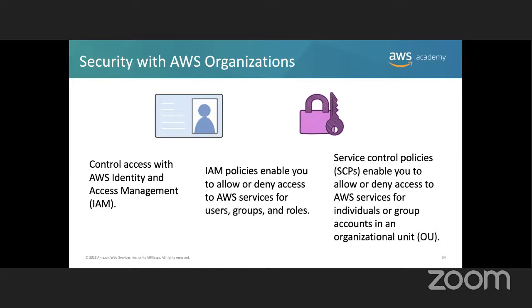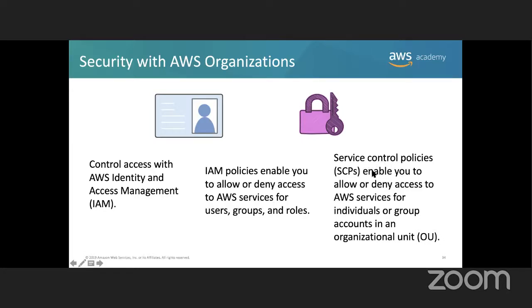But IAM works with services and users and groups and roles, but not organizations, not accounts. I want you to understand the difference between IAM and service control policies. Service control policies work at the account level. IAM works at the user level, at the service level, at the group level, and the role level. Okay, so don't be confused with that.